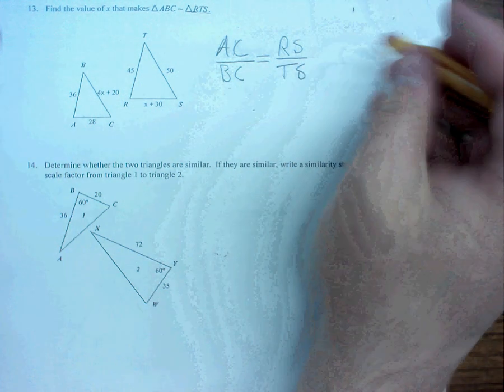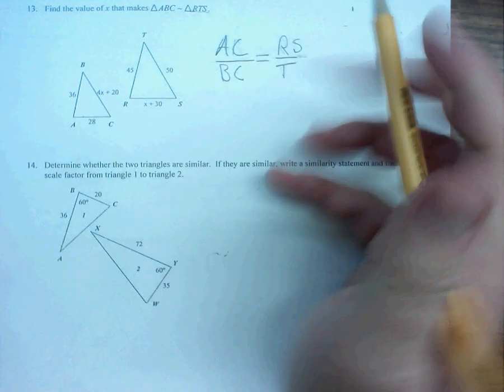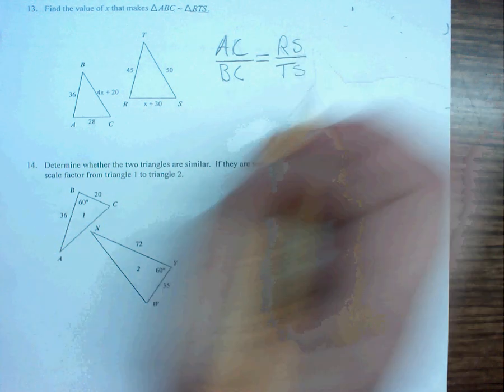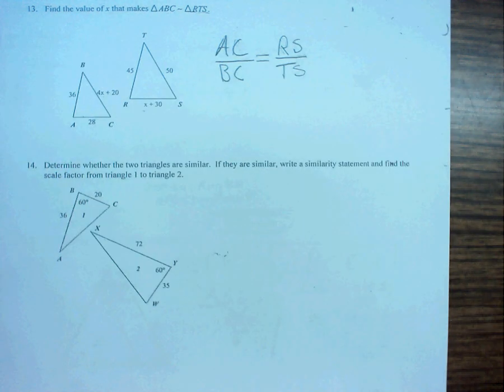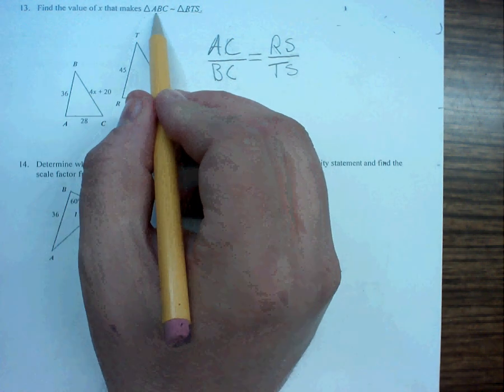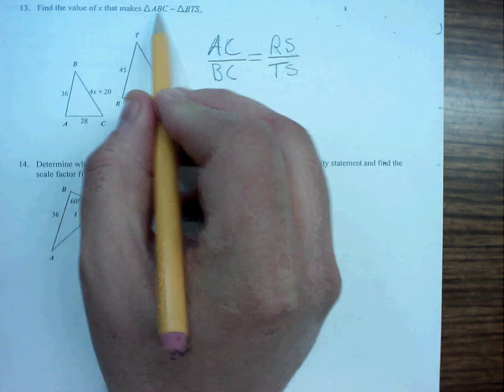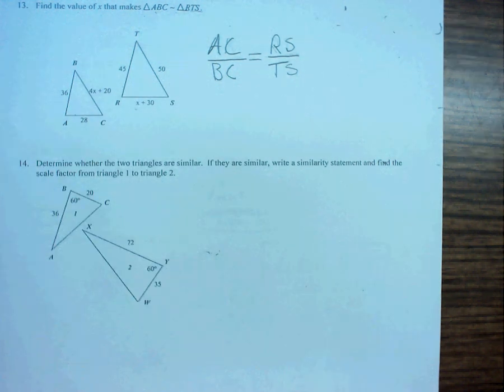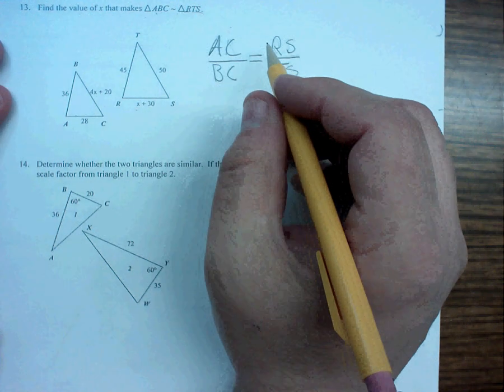Now the reason I did it that way is I had to put both of these algebraic expressions in here so I could solve for x and then plug them back in. But the question is, find the value of x that makes ABC similar to RTS. Actually, I don't know if that would change the answer or not. It shouldn't. We should have been able to do it the other way, but that's okay. We need to practice with this.